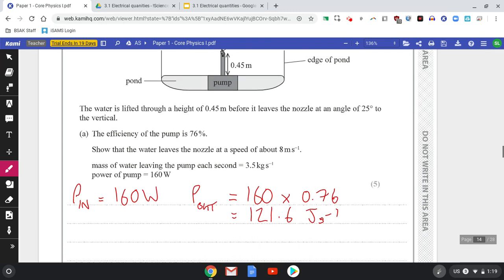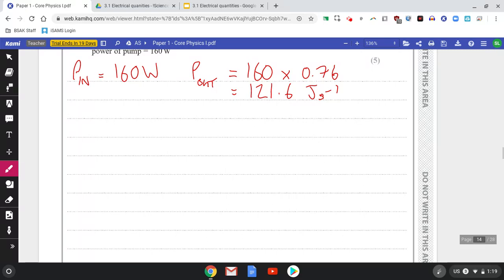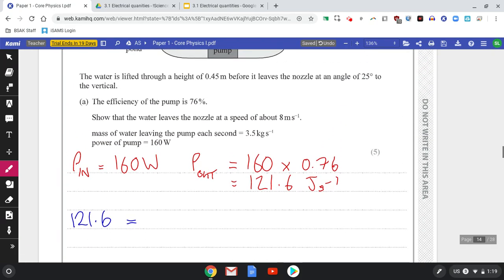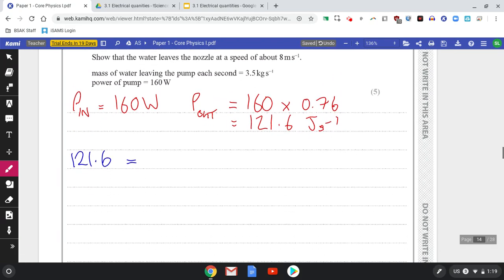So this total energy per second, 121.6, some of that is given as GPE per second. Now, per second, we're given the mass, aren't we? So 3.5 kilograms per second.